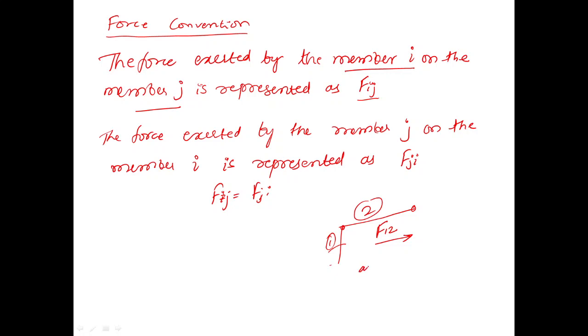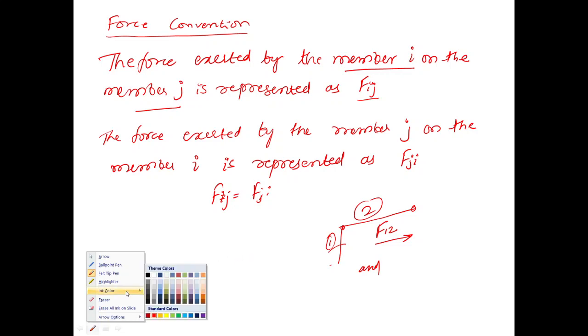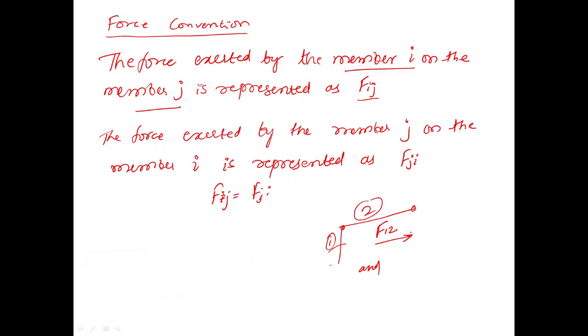And similarly, the force exerted by element 2 on 1 is represented as F21. Clear? So the force exerted by the member I on the member J is represented as Fij. Similarly, the force exerted by the member J on the member I is represented as Fji.